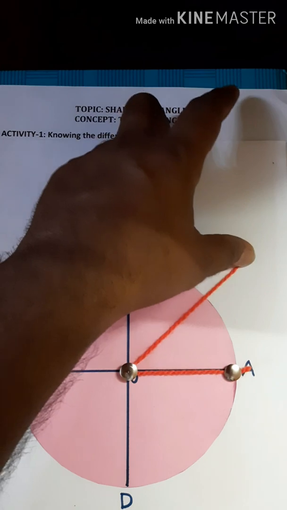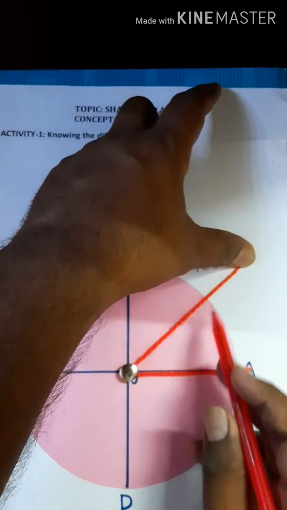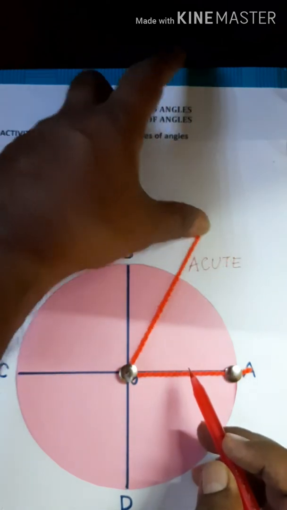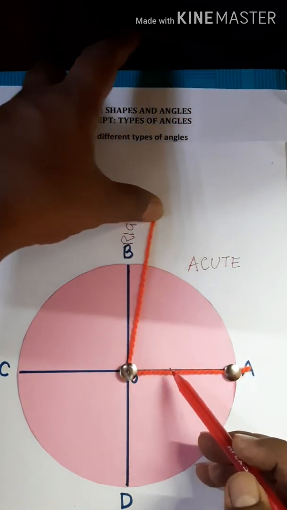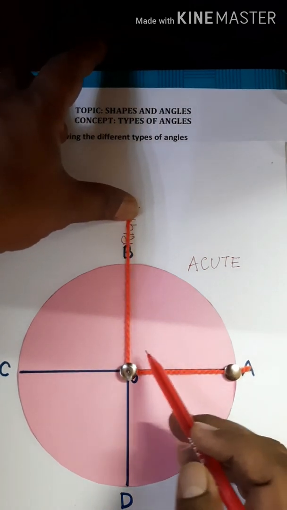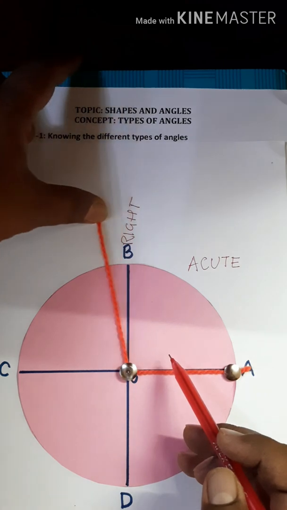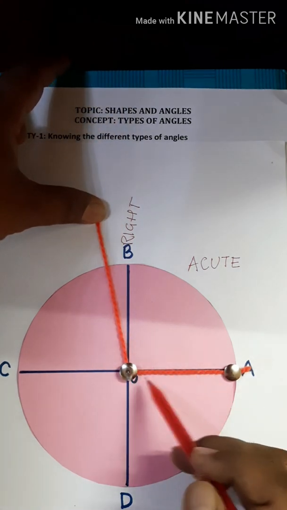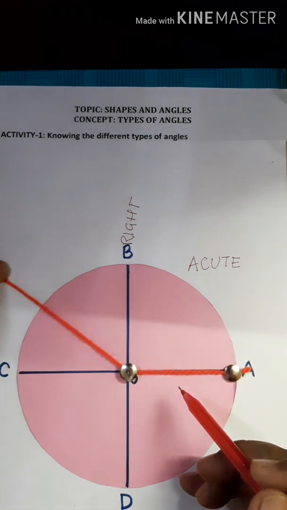Once again, this is acute. Suppose I take this angle. This angle is acute. This angle is again acute. This angle will be a right angle. This will be obtuse. This is again obtuse.